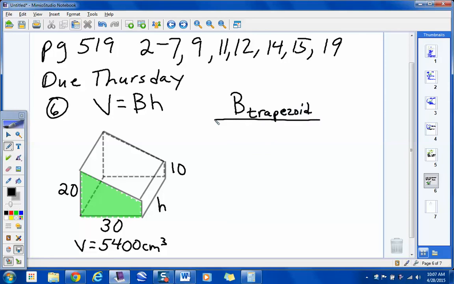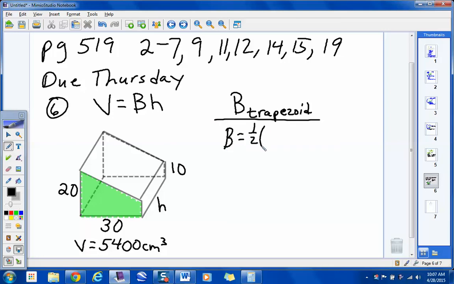Okay, let's do some stuff. Look at this green trapezoid I have in front. Which two sides are parallel in this green trapezoid? The left and the right, or the top and the bottom? Left and right. So wouldn't that be my base 1, base 2 there? Okay, so for my trapezoid right here, I'm going to say, hey, capital B is equal to, here we go, trapezoid formula, 1/2.